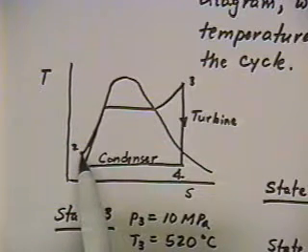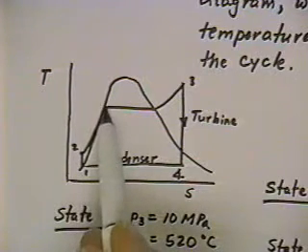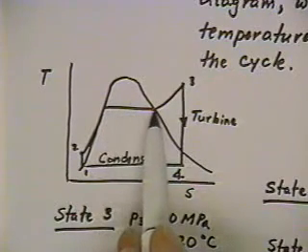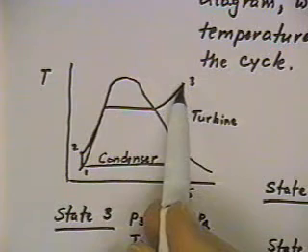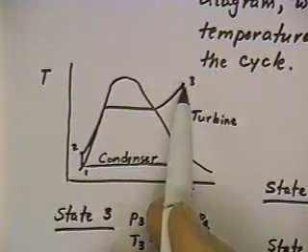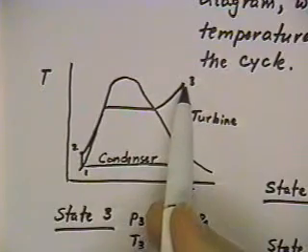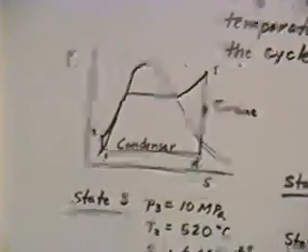So the water enters the boiler under a condition of 10 megapascals and is then heated as it goes through to saturated liquid conditions. Then it goes through a vaporization process, and then it becomes superheated as you move out into the superheat region. So the heat added in the boiler is the heat that's added from state 2 to state 3.